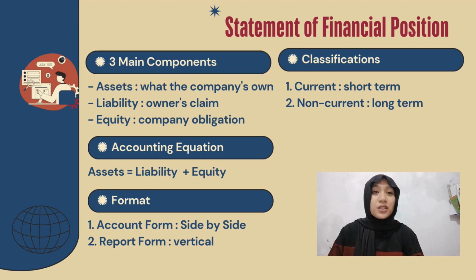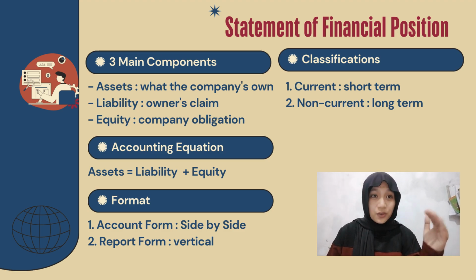And financial position has two formats. The first one is the account form, which is side by side, with the assets on the left side and the liabilities and equity on the right side. And the second one is the report form.